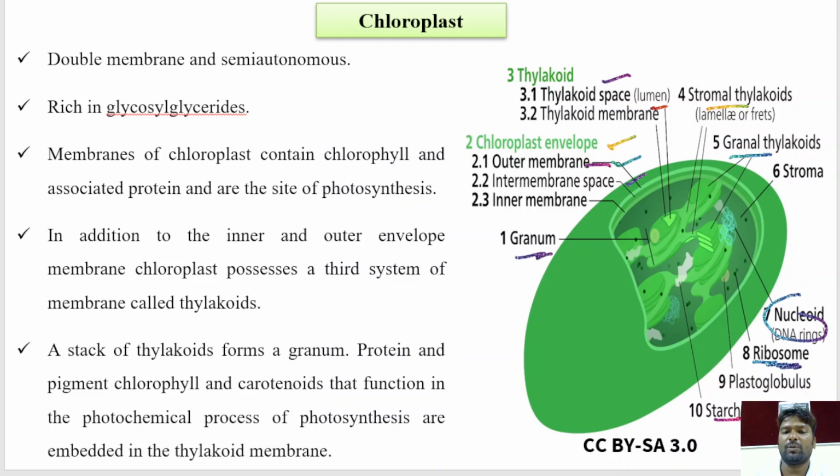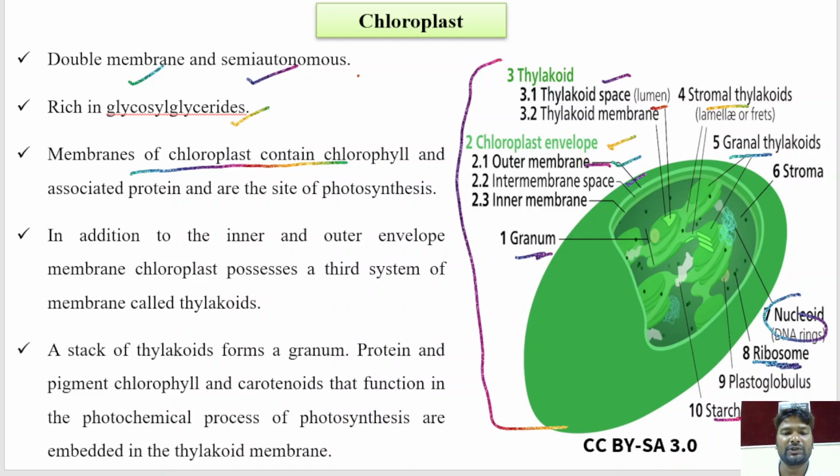So this is the common structure of chloroplast in plant cells. These have a double membrane and semi-autonomous nature, meaning they also have DNA, but it codes for some proteins, not for all. And this is rich in glycosylglycerides, not phospholipids. The membrane of chloroplast contains chlorophyll and associated proteins, and this is the site of photosynthesis.